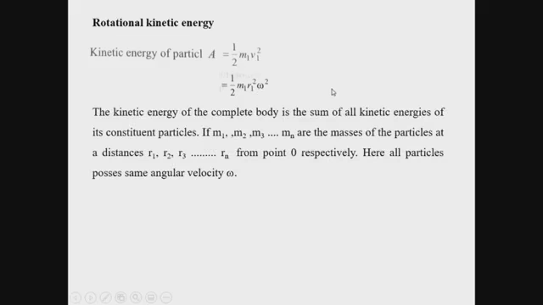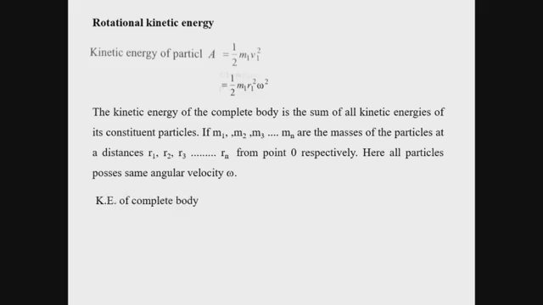The kinetic energy of the complete body is the sum of all the kinetic energies of the constituent particles. Suppose m1, m2, m3 up to mn are the masses of the particles at distances r1, r2 up to rn from the point O, and all the particles possess the same angular velocity omega.